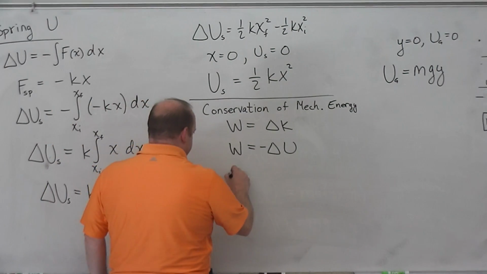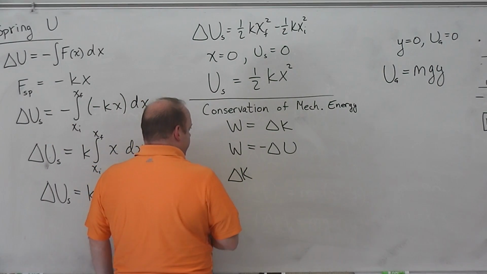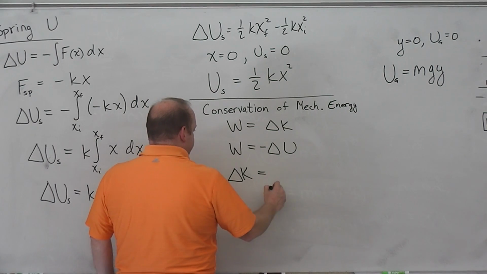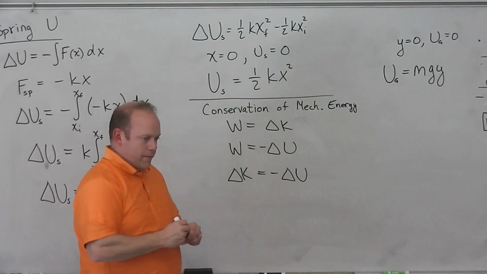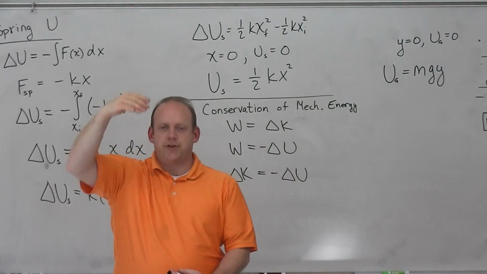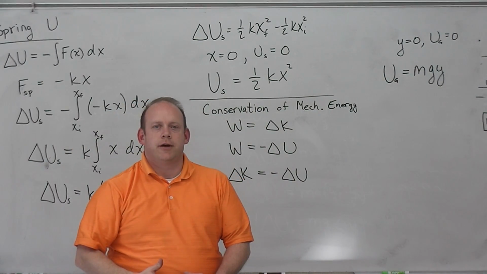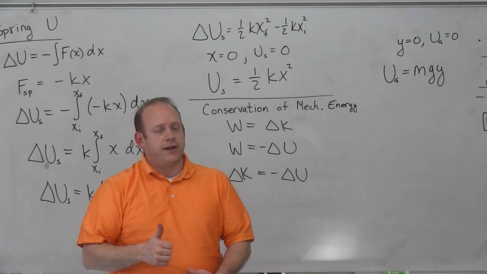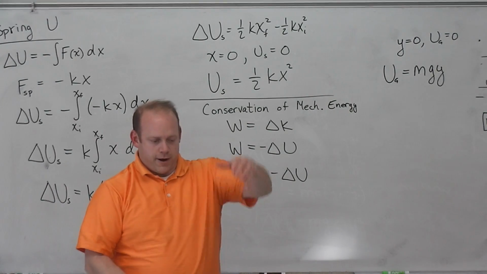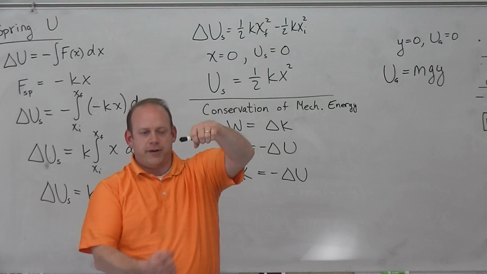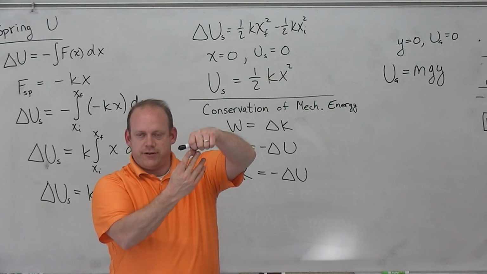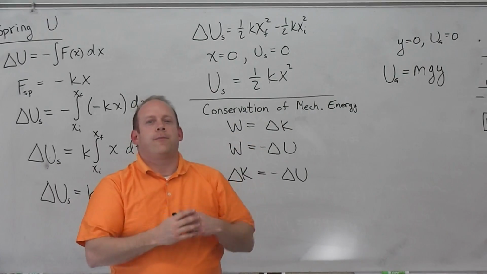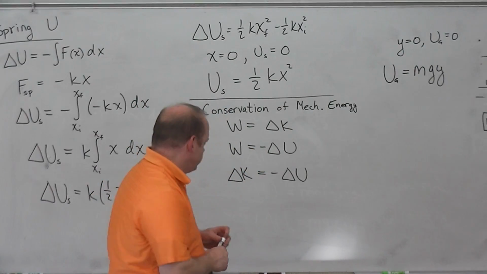Well, look at this. It's just the conservative forces that are acting. Change in kinetic energy is equal to a negative change in potential energy. When I drop something, potential energy decreases by the same amount that the kinetic energy is increasing. Throw it up, and kinetic energy is decreasing, it's slowing down, while potential energy is increasing.